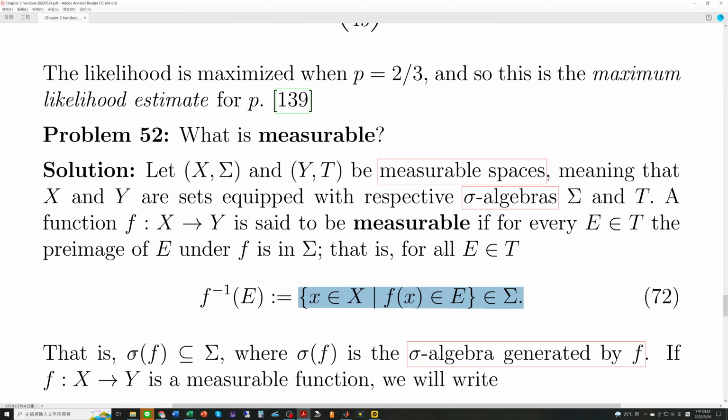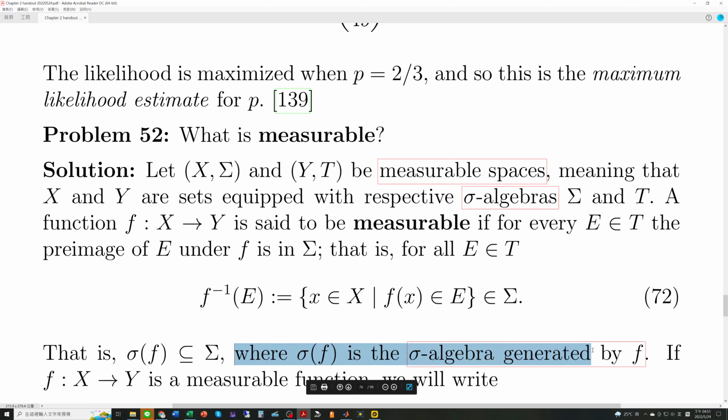That is, Σ of f is a subset of or equal to Σ, where Σ f is the sigma algebra generated by f. What is the sigma algebra generated by f? I will introduce it later.